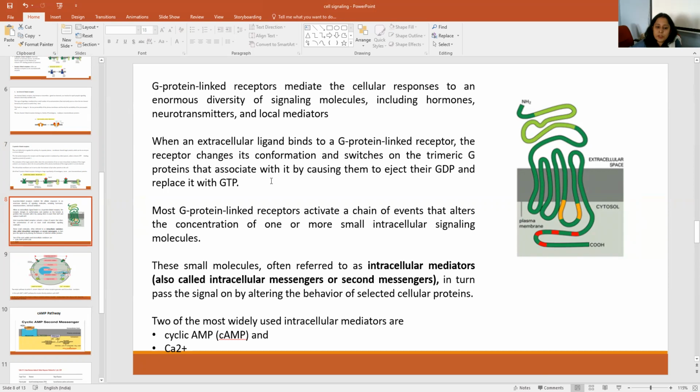Most G protein linked receptors activate a chain of events that alter the concentration of one or more small intracellular signaling molecules. These small molecules are often referred to as intracellular mediators or intracellular messengers. This in turn passes the signal on by altering the behavior of the selected cellular protein. Two of the most widely used intracellular mediators are cyclic AMP and calcium.